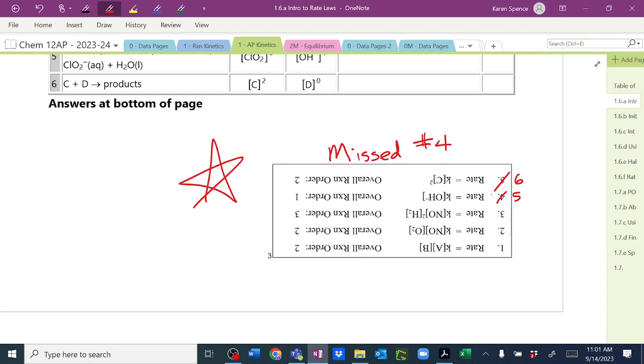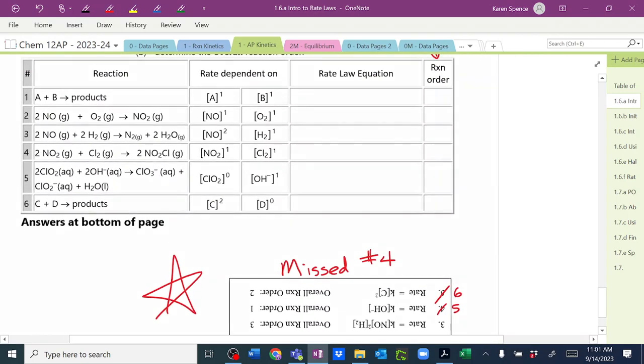Yes? Shall we do number 4 together just to make sure we have an answer for it? Okay, number 4. The rate law would be, what would we start with? Rate, and then equals K, concentration NO2.